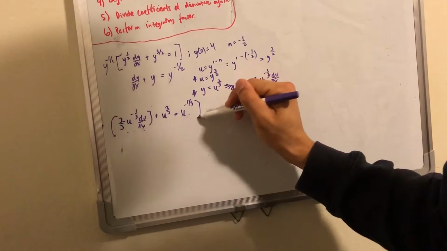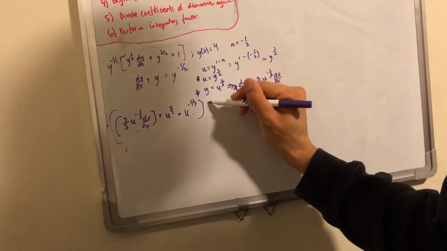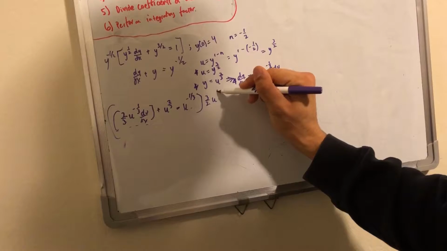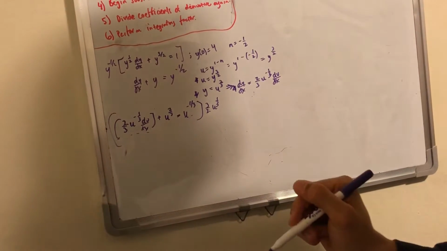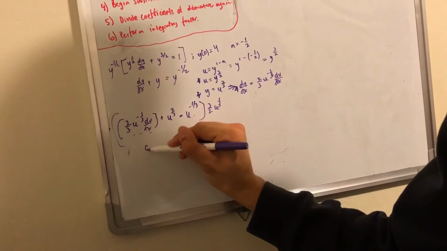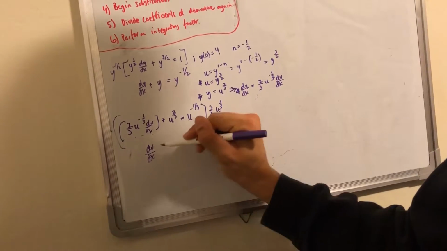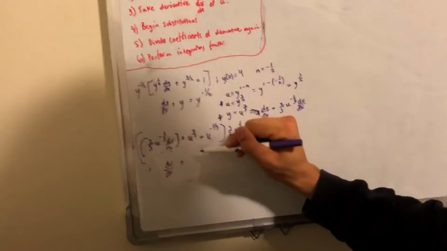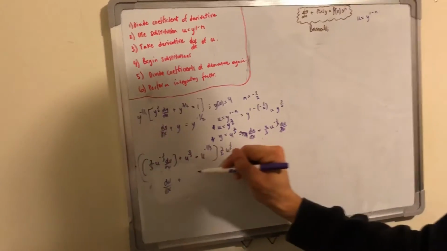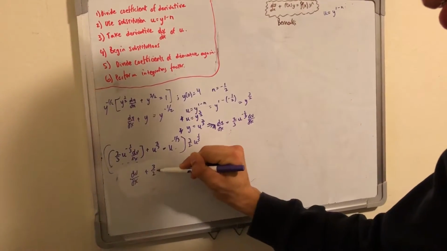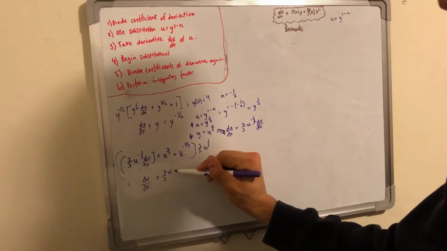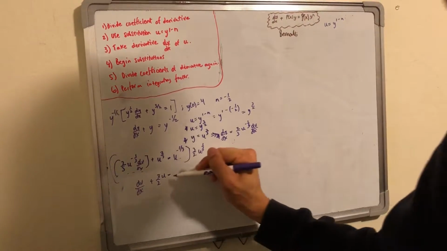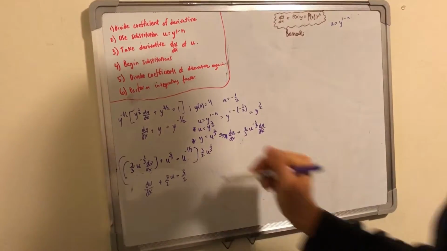I'm going to multiply this entire equation by 3/2 u to the 1/3. That will get rid of that. I'll be left with du/dx plus 3/2 u is equal to, and these u's right here will cancel out, so I'll just be left with 3/2.